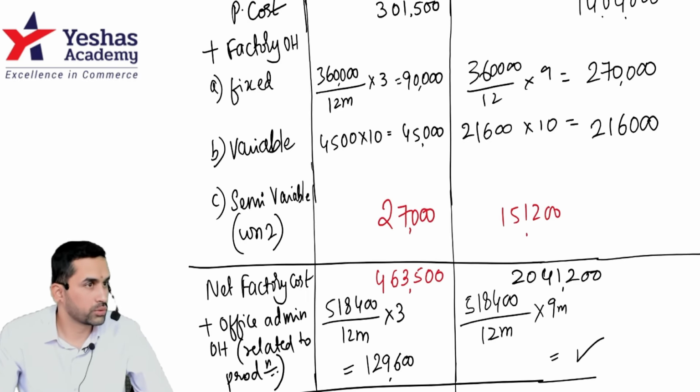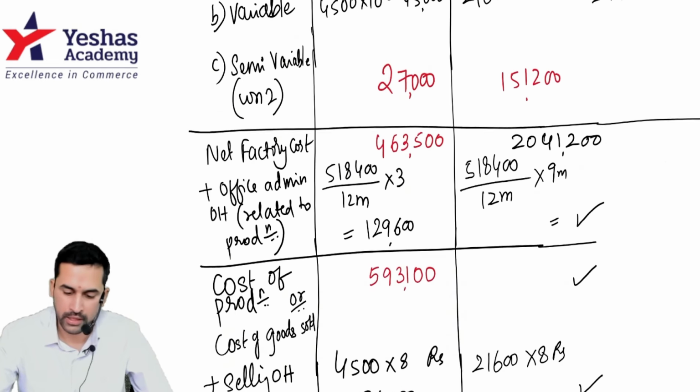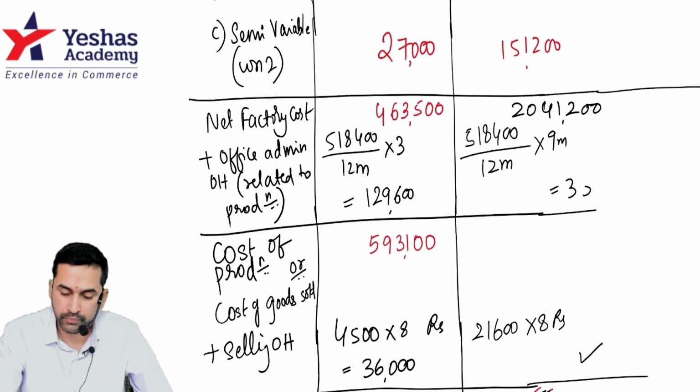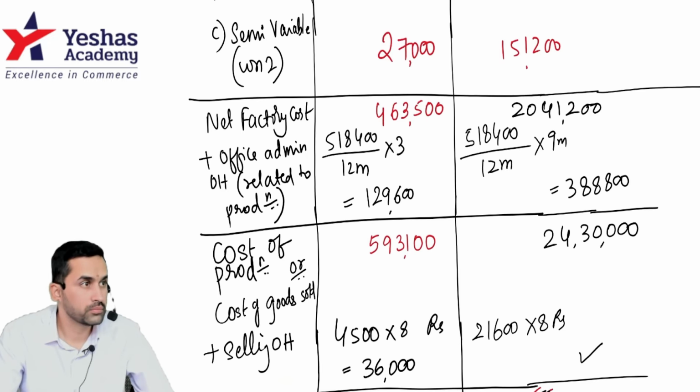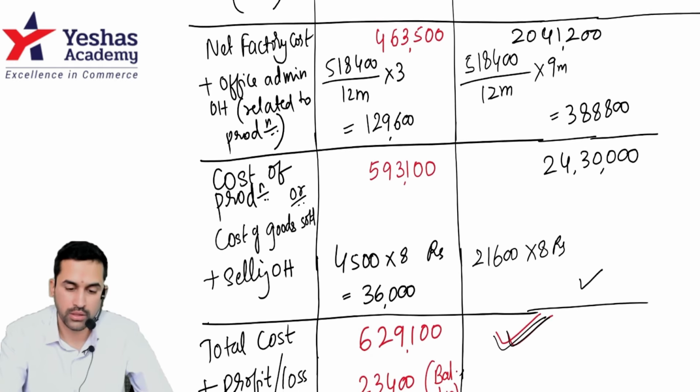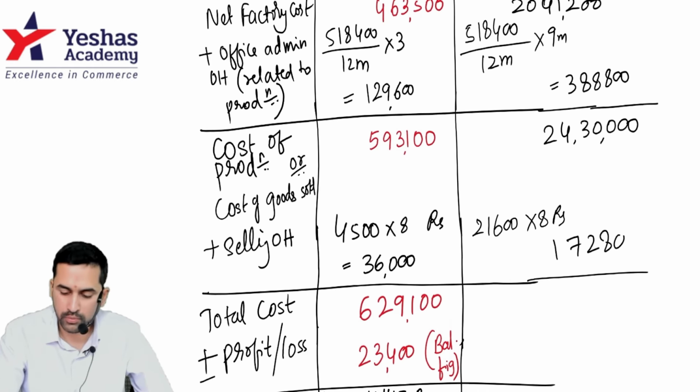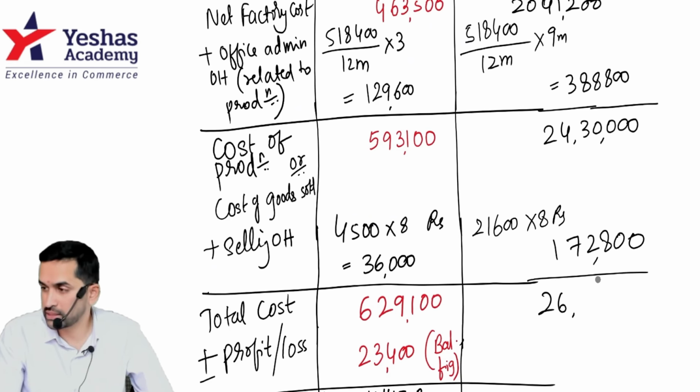Can few more friends from this? 2041200 is matching. 388. 2430. 72. 6 lakh.